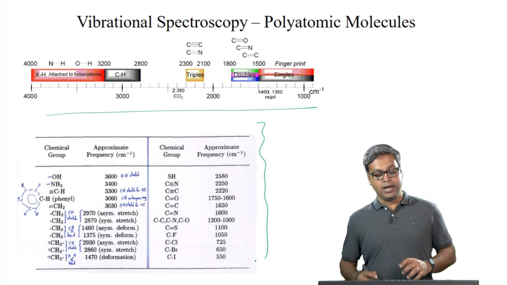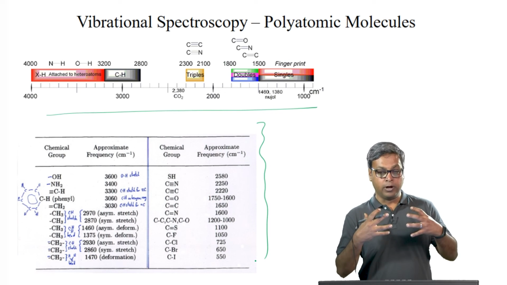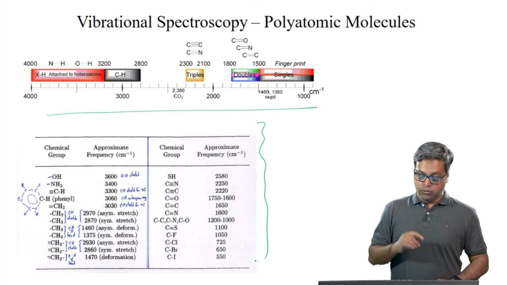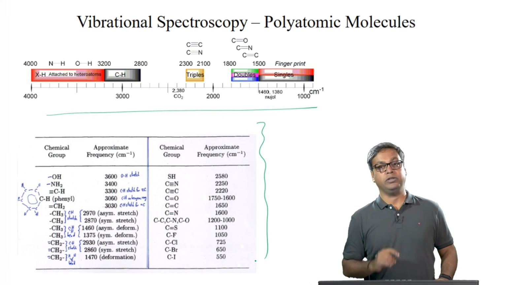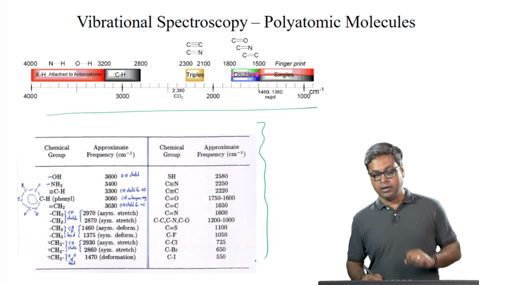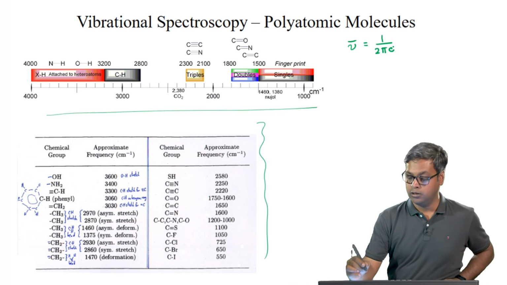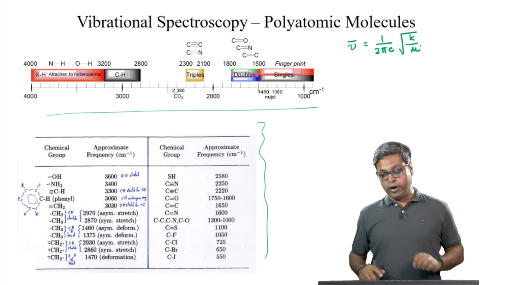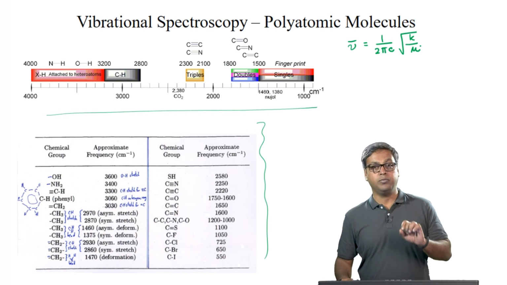So, we can see that the different groups show up at different wave numbers in the IR spectrum. We also have a few general trends that exist in the group frequencies. So, we can recall the relation, nu bar equals 1 by 2 pi c root over k by mu, where k is the force constant and mu is the reduced mass.